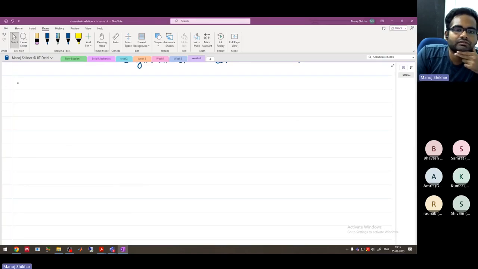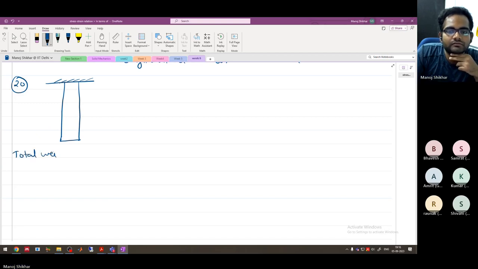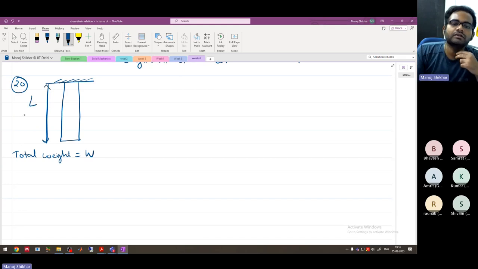So question number 20. You have two scenarios. In the first scenario, you have a rod hanging from a wall. Let's say the total weight of the rod is W and the length of the rod is L. They're asking what will be the delta.